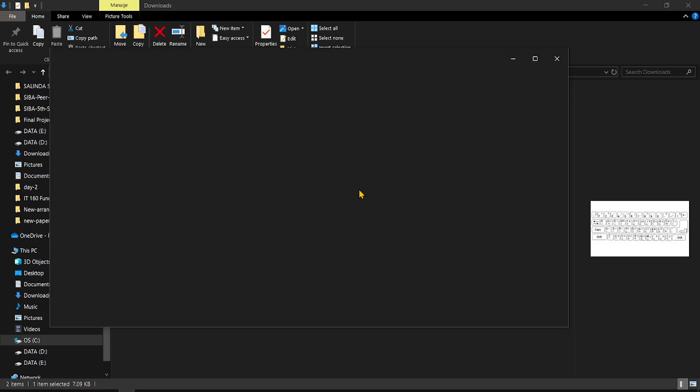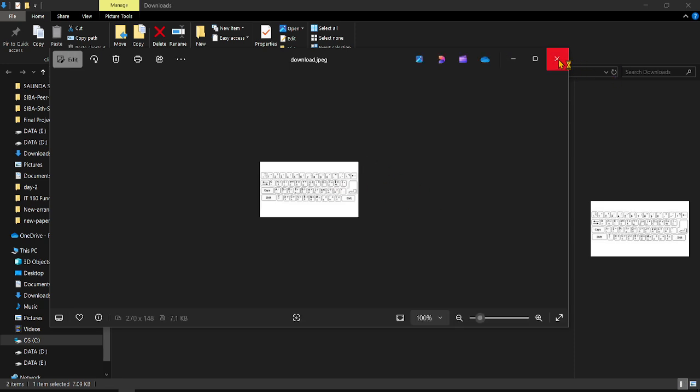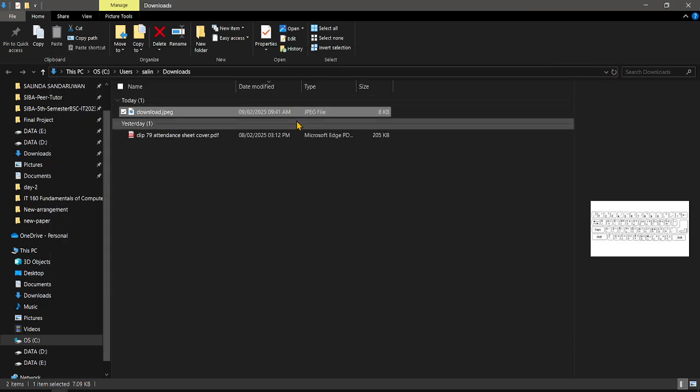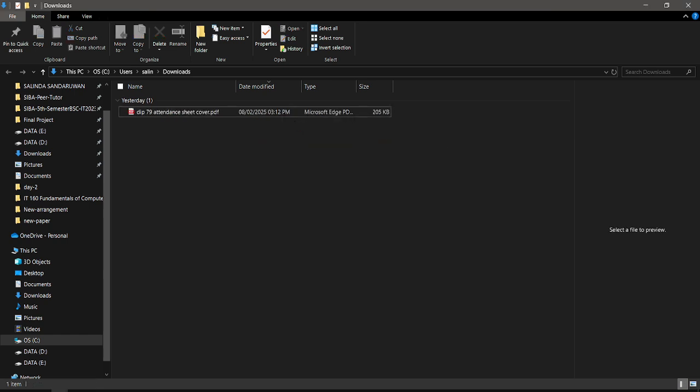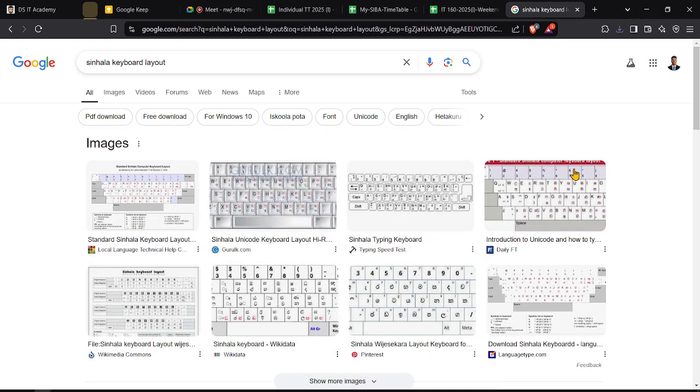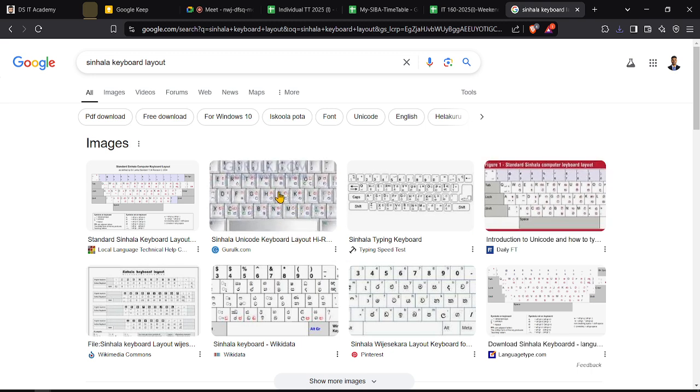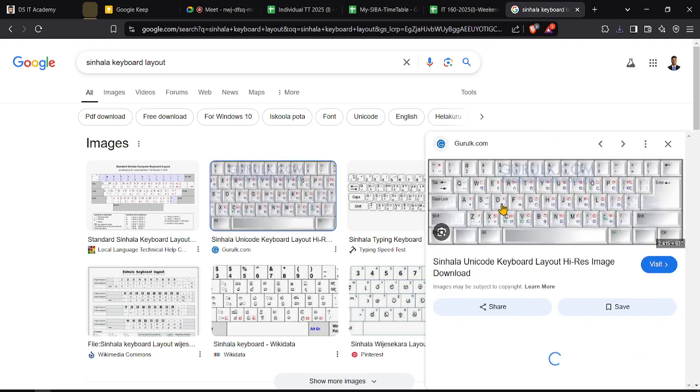But sometimes it won't work, because when the website adds only low quality images for the preview, in that case you should go inside the website. If you need to download a very high quality image, click here and again click and go to the website.